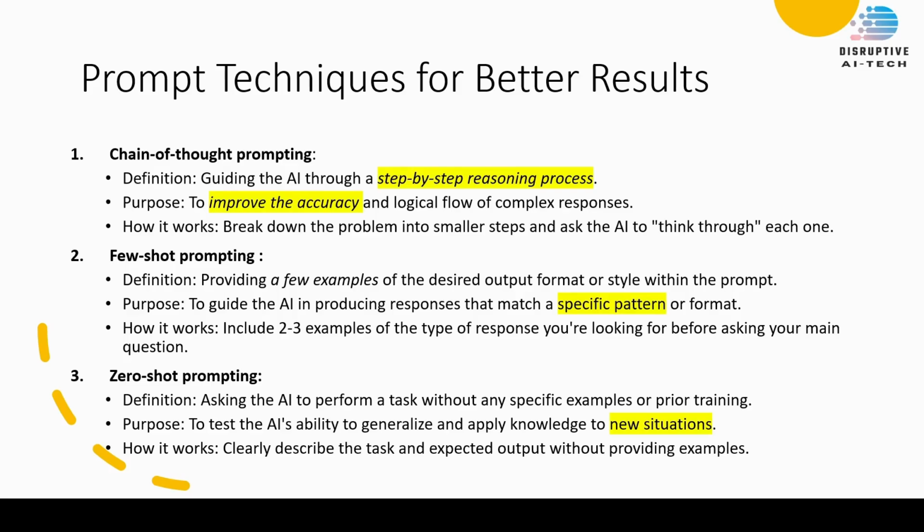First is chain of thoughts prompting. We have also tried this in a step-by-step process. In the step-by-step process, while giving a prompt to any AI system, we tell the AI system to follow these steps. This is also the same, but these steps are logical reasoning and they continue from one to another.